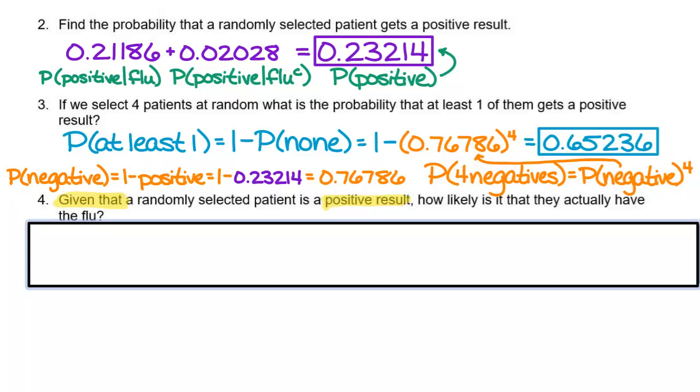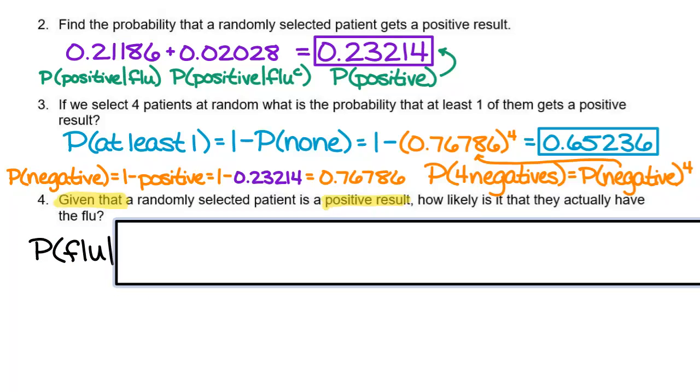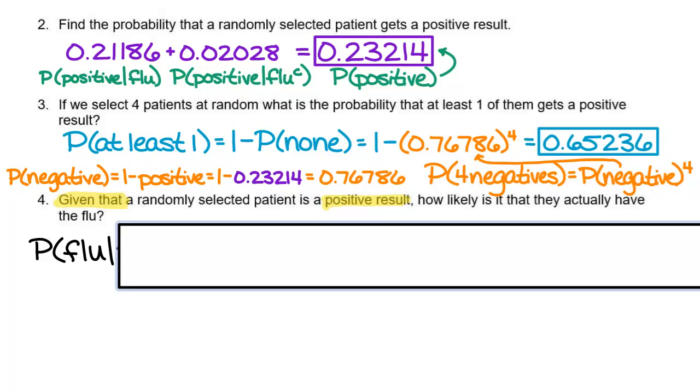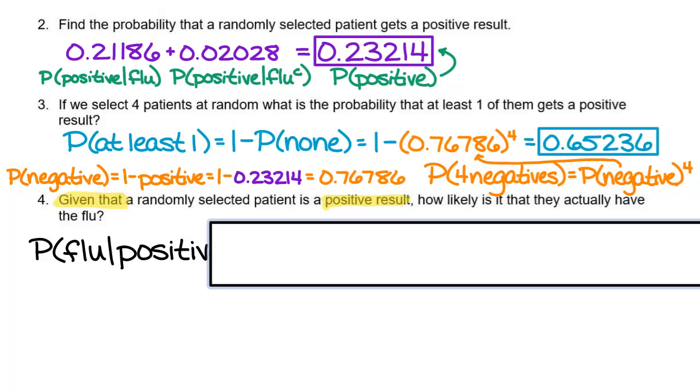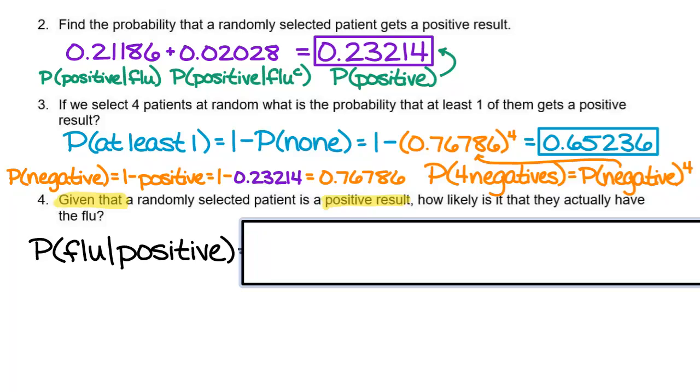Last one, number 4. Given that a randomly selected patient is a positive result, how likely is it that they actually have the flu? So this is a given that. Let's talk about notation. The probability of the flu, given that they are positive. I'm going to have a fraction here.